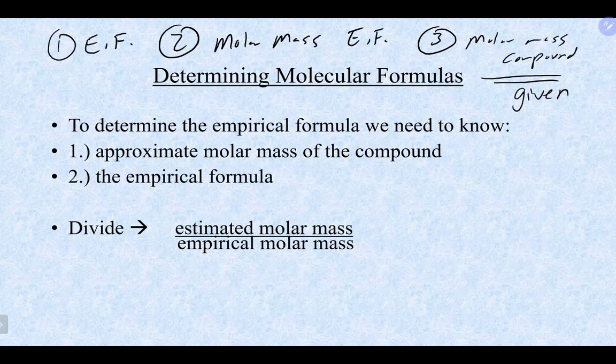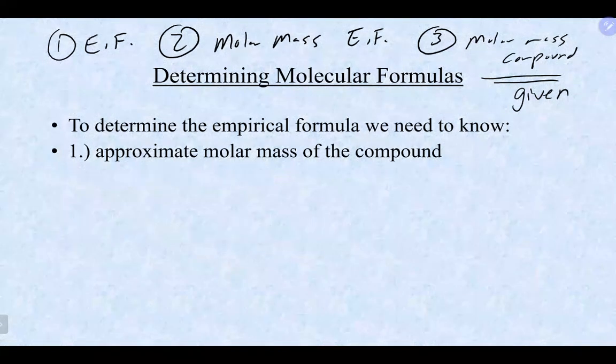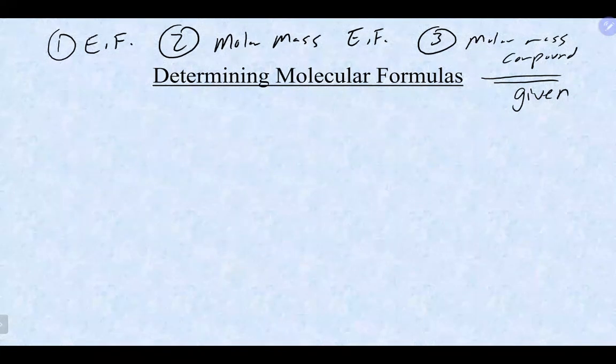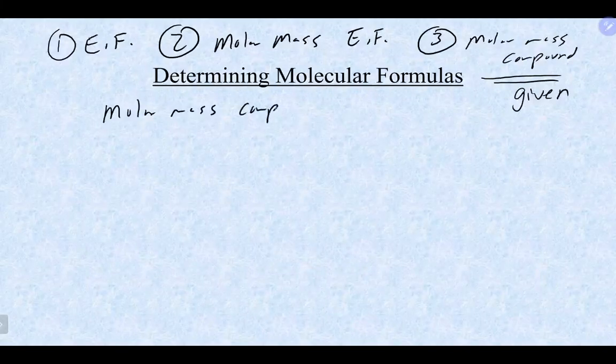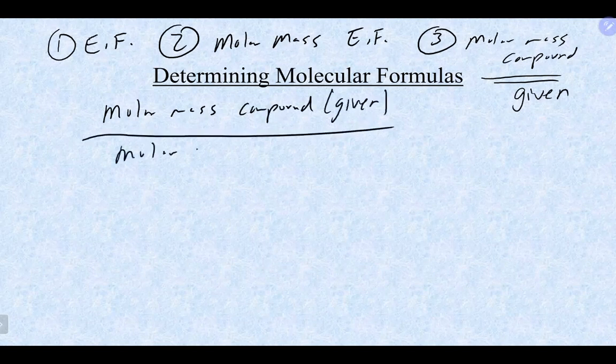And then you take the molar mass of the compound, which is again usually given to you, and divide it by the molar mass of the empirical formula, which you may have to calculate, and it will give you a number.